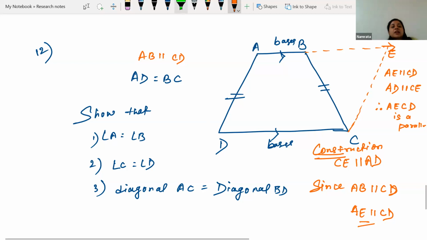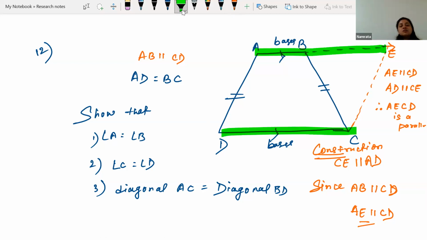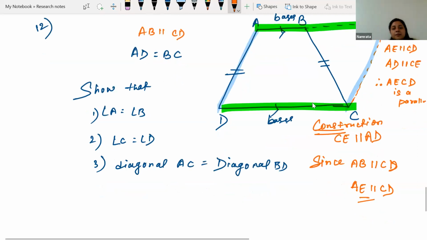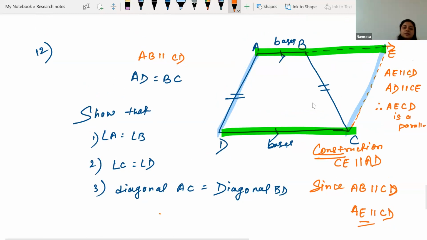So since it's a parallelogram, we have proved that this one and this one will be the same length, and this one and this one will be of the same length. Let's write it. AE will be equal to CD and AD will be equal to CE.